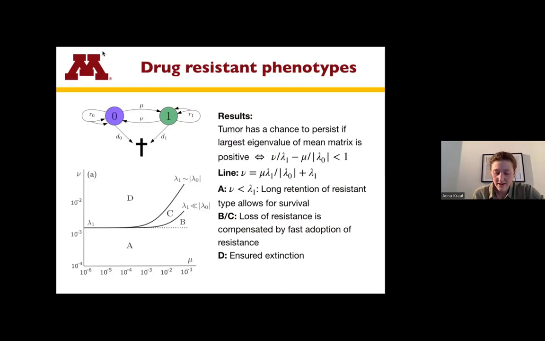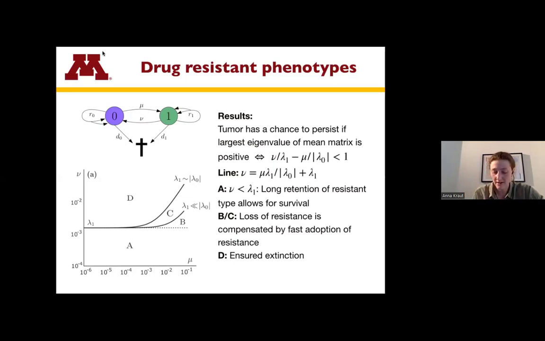And if you study the eigenvalues of this matrix, the largest eigenvalue will tell you whether your branching process, which is what we're dealing with here, a multi-type branching process, is supercritical, subcritical, or at the critical level.